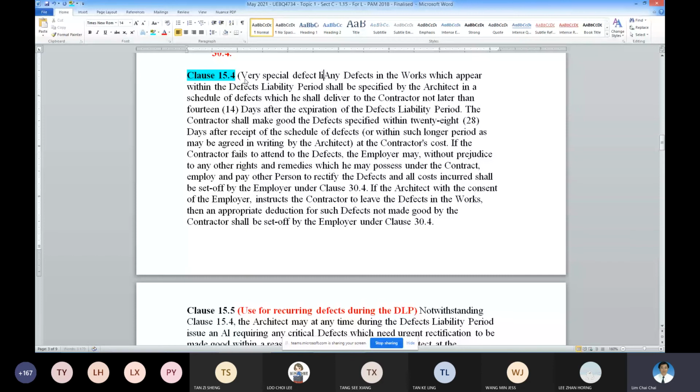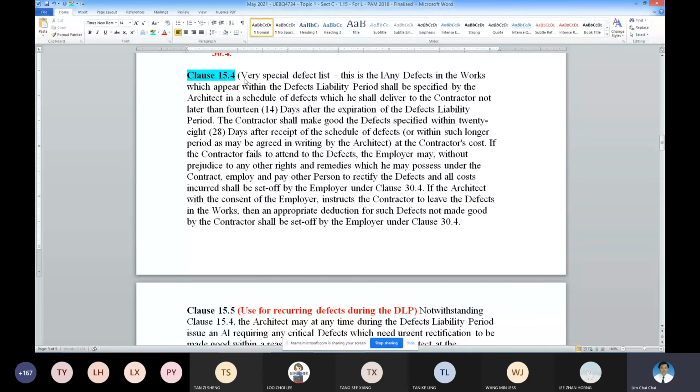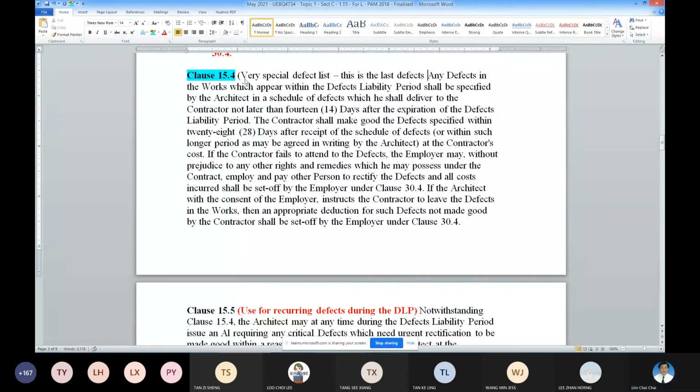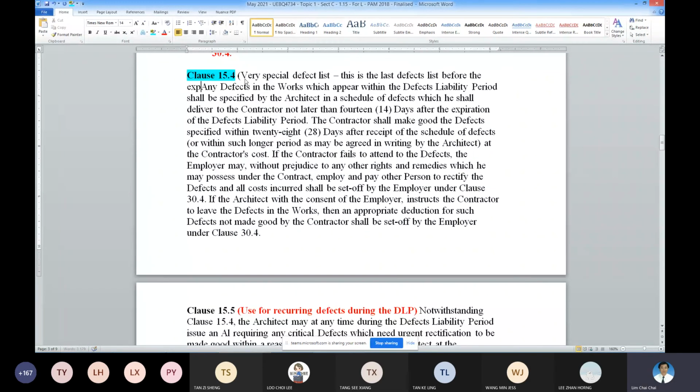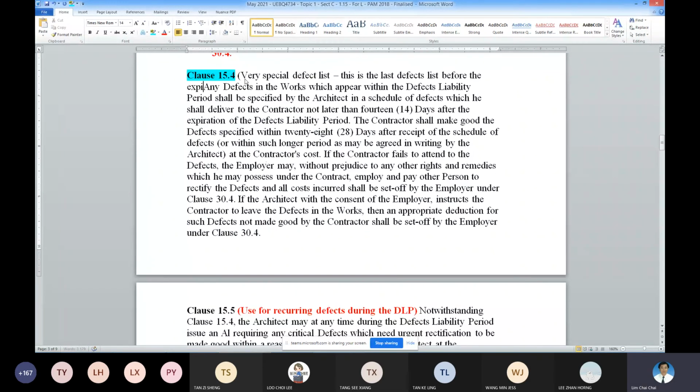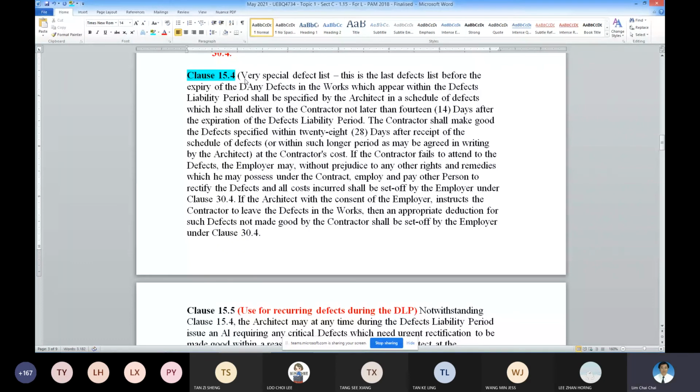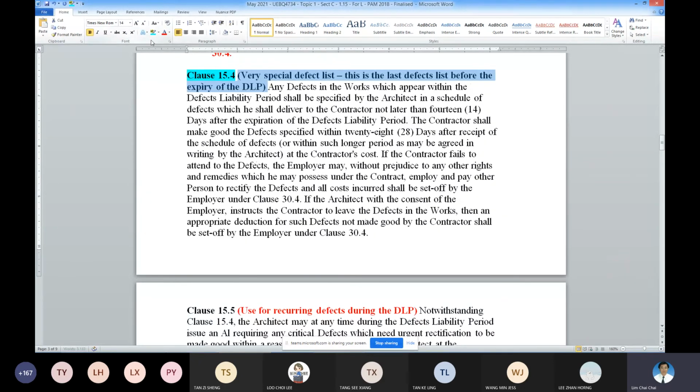This very special defect list means this is the last defects list before the expiry of the DLP. Yeah, sorry about that. 15.4 is a very special defect list. What do you mean? It is the last defect list before the expiry of the DLP.